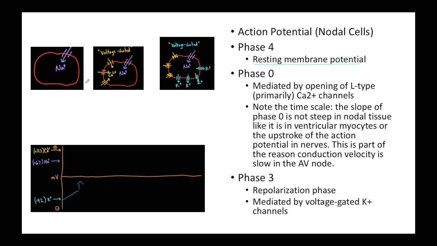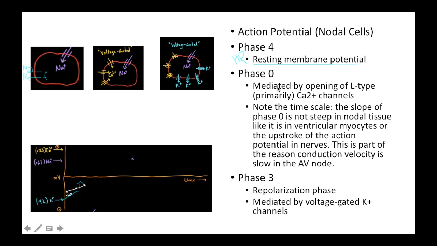And this is where we have our funny current, we'll label that with an F, going on, where we have both sodium and potassium coming into the cell, which again will determine the speed at which the rest of this action potential will occur. And again, that accounts for the heart rate.